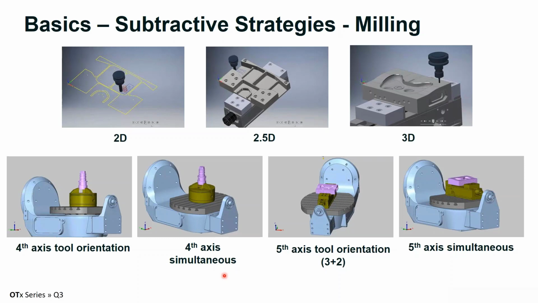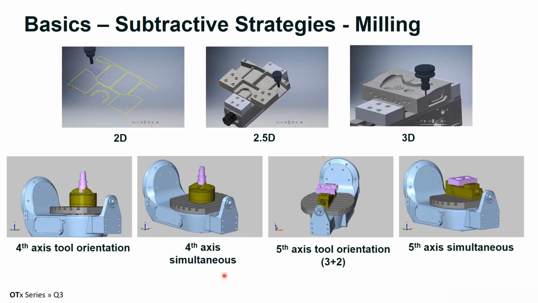If I talk about 2.5D machining, then first of all I have a CAD model, a solid model, and then the 2D strategy will be machined on different Z heights in different pockets. But when we do the cutting, it will be only cutting in X and Y direction at one time.